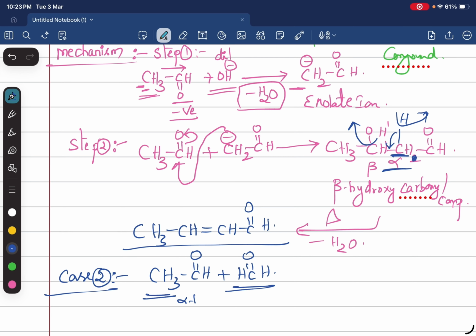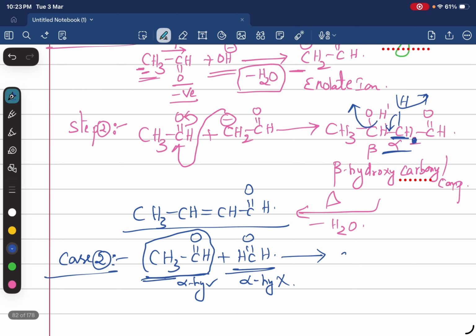Where alpha hydrogens are present and where no alpha hydrogens are present, in this case in the first step the carbonyl compound which has alpha hydrogen is always involved, and we get this product, CH2OH CH2 CHO. This is called a beta hydroxy carbonyl compound.